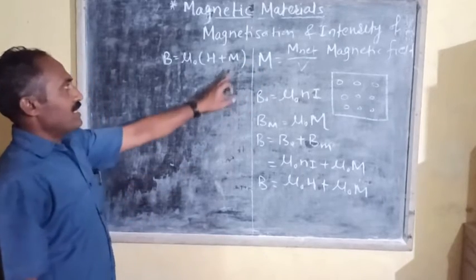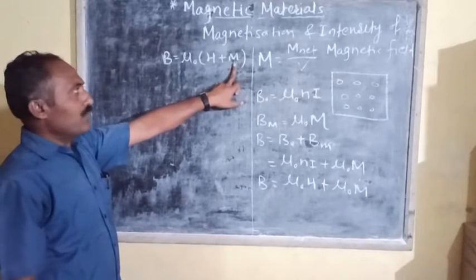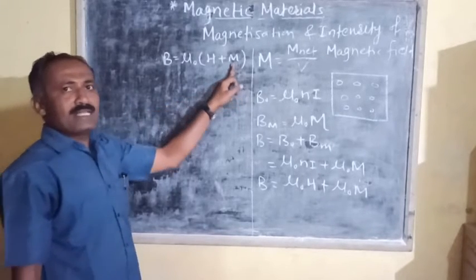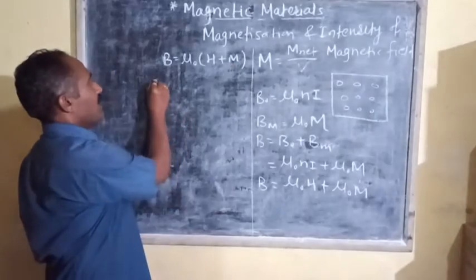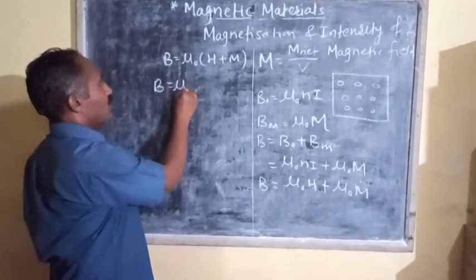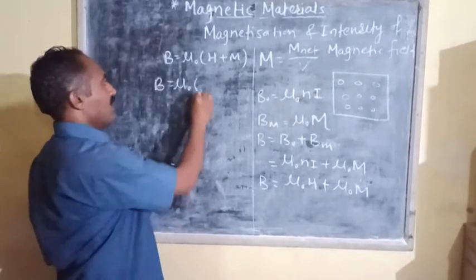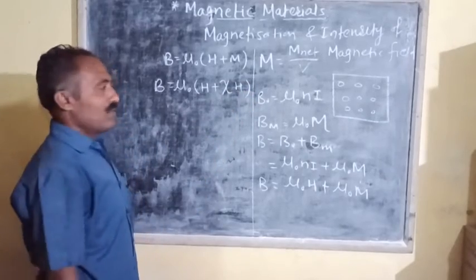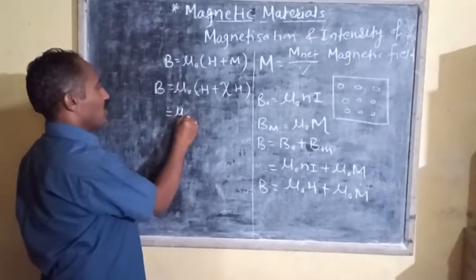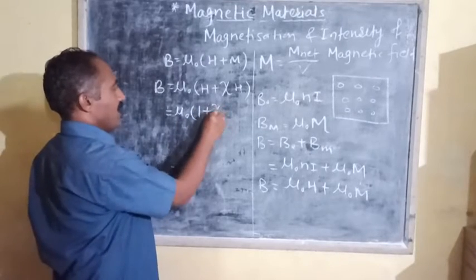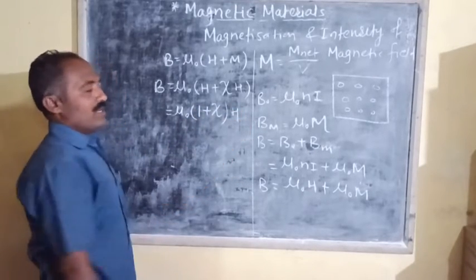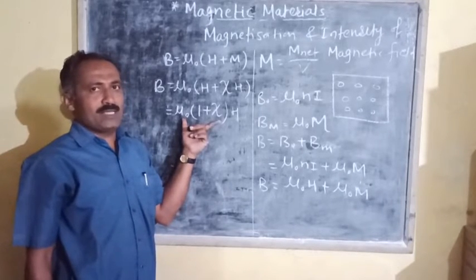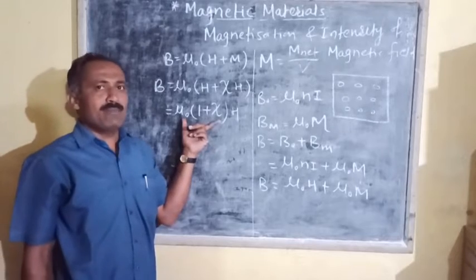Now the magnetization of the material is given by M is equal to Xi H, where Xi is the magnetic susceptibility. Therefore we can write B is equal to mu 0 into bracket H plus Xi H, which is equal to mu 0 into 1 plus Xi into H, where 1 plus Xi is called the relative permeability of the substance and denoted by mu r.